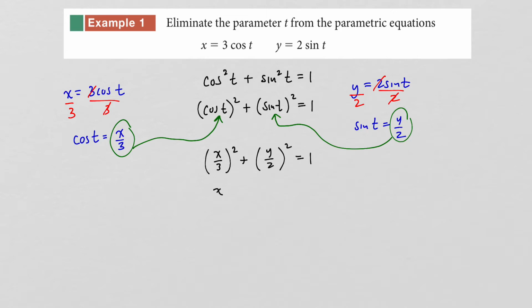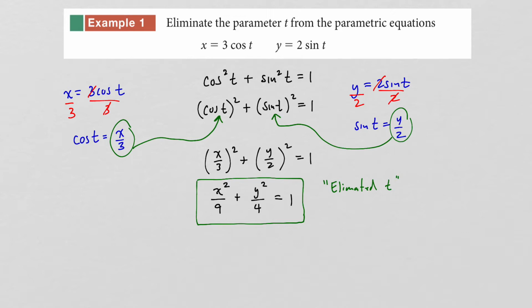And if we remove the parentheses, we end up with x squared over 9 plus y squared over 4 is equal to 1. And we now have a rectangular equation relating x and y without the parameter t. So basically, we have eliminated t.